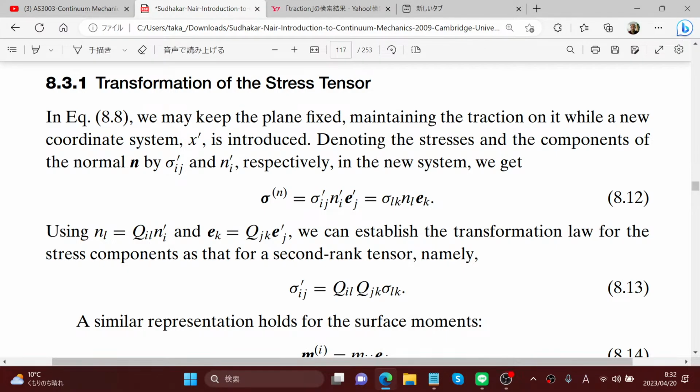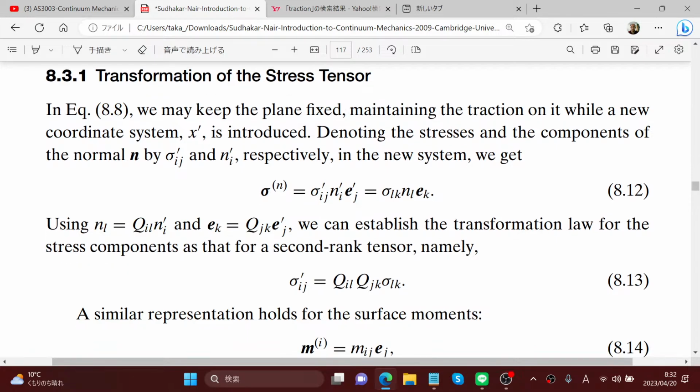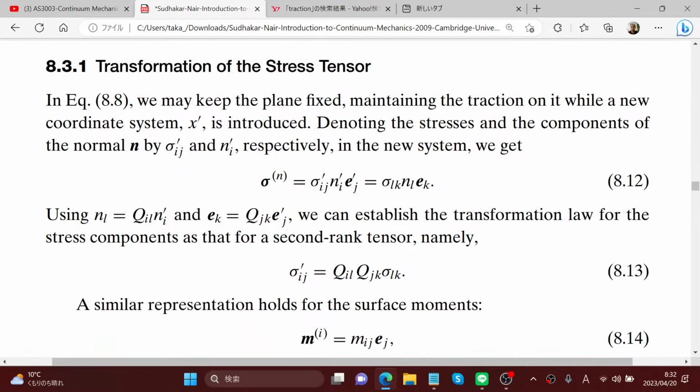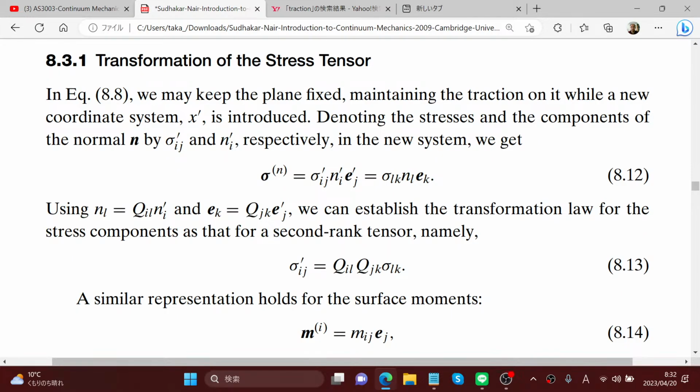In equation 8.8, we may keep the plane fixed, maintaining the traction on it while a new coordinate system x prime is introduced.